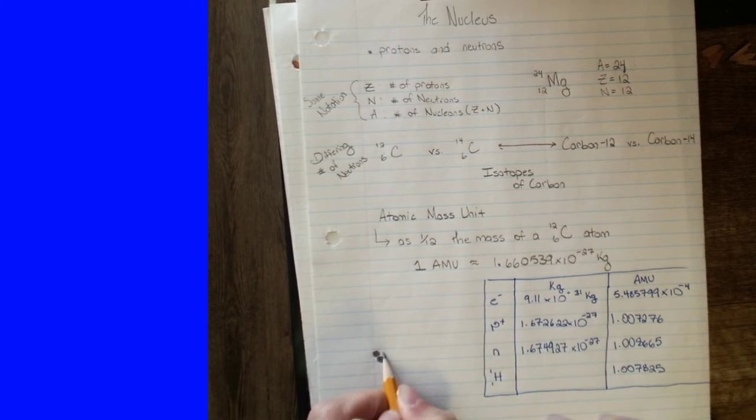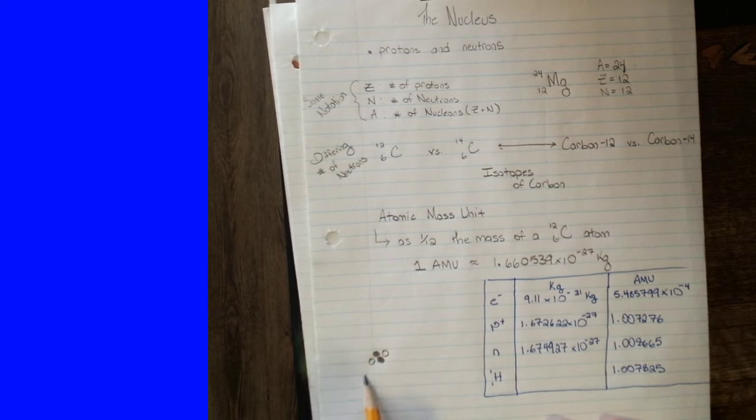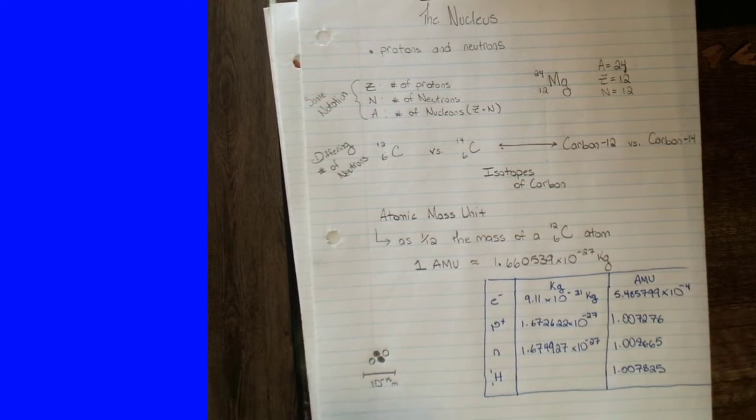Remember, a helium nucleus is 2 protons, 2 neutrons. It spans a very small distance, and that's what we were calculating in some of the last lessons. How big's the nucleus? Okay, so for a helium nucleus, it's around 10 to the negative 15 meters.